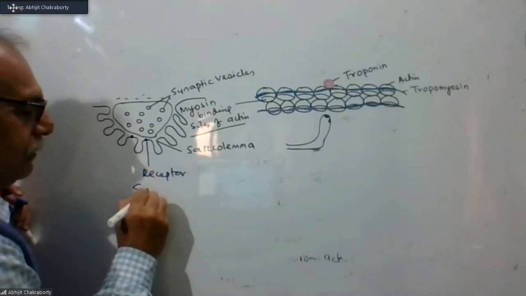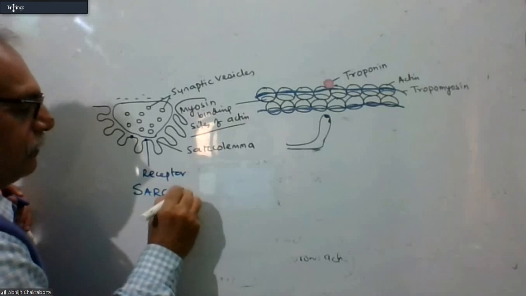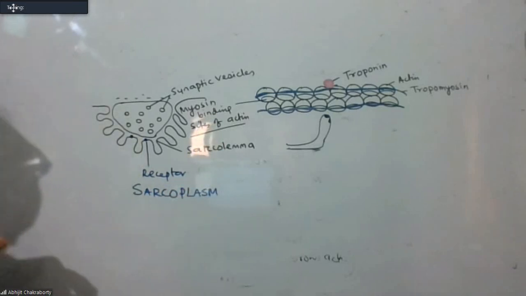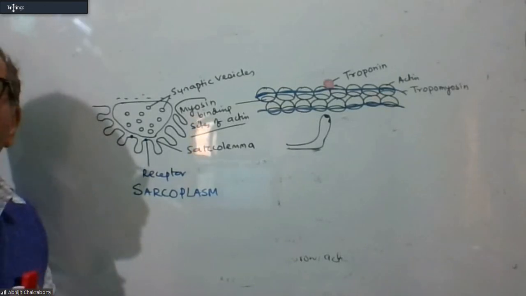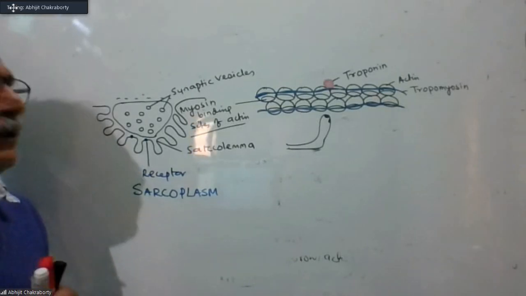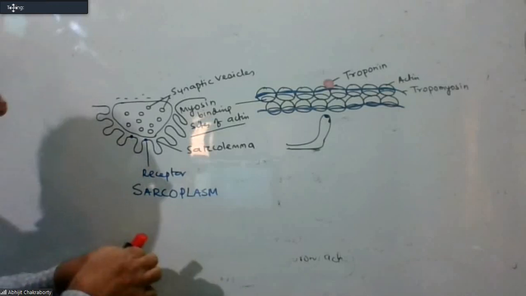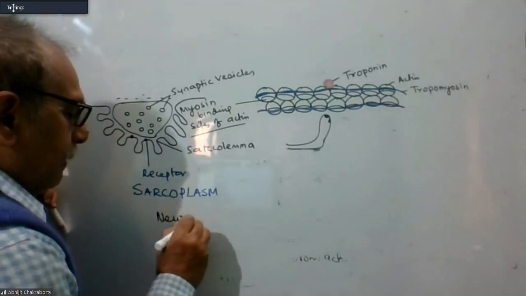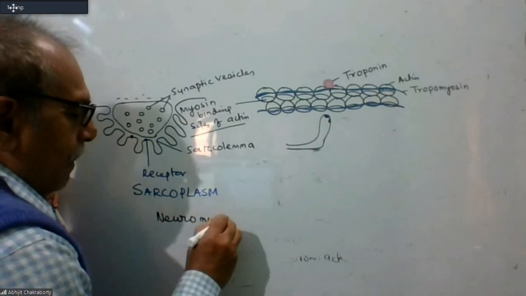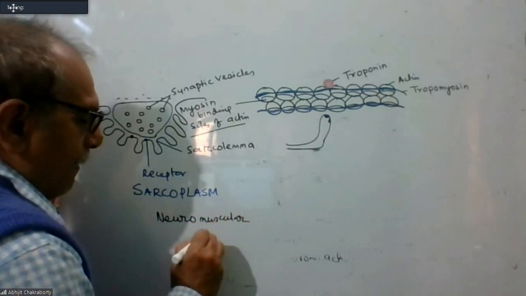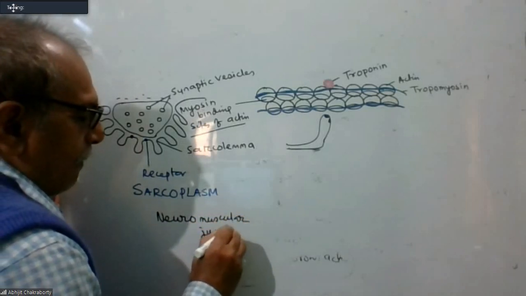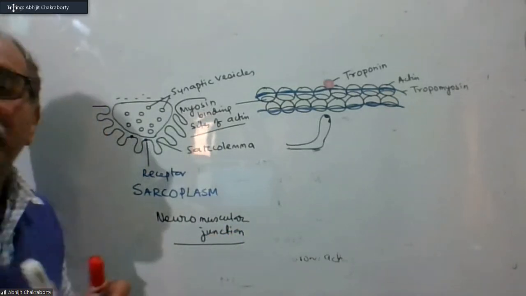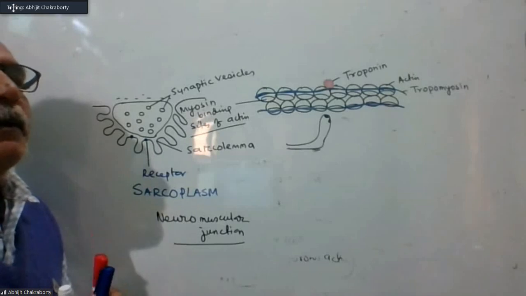This part is sarcoplasm. Clear? This is called the neuromuscular junction. Junction between nerve and the muscle.